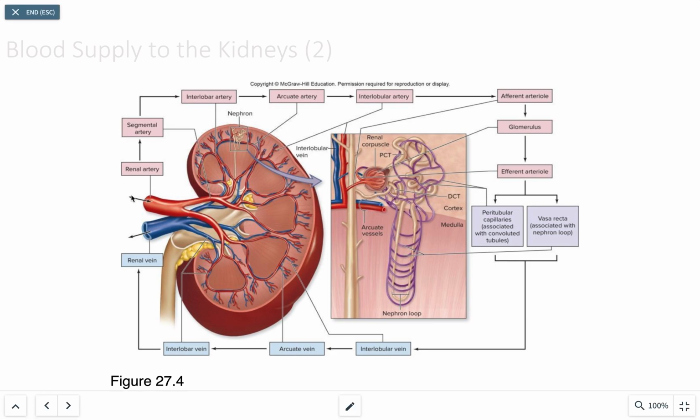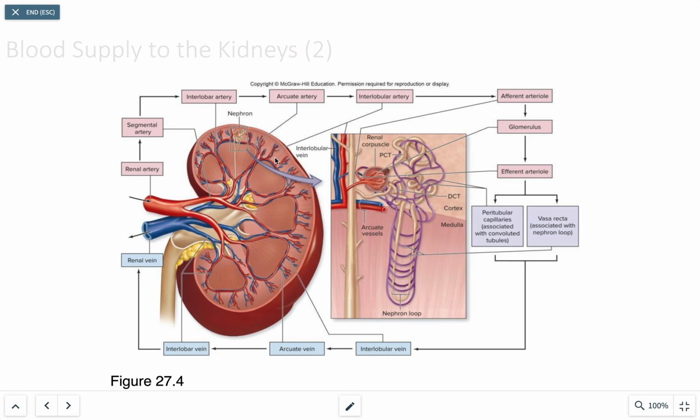So we'll see oxygen-rich blood entering into the renal artery, eventually traveling into smaller vessels called the segmental arteries, and then going into the interlobar arteries, and then finally we see it entering into the medulla and cortex, where it travels into a smaller vessel called an arcuate artery, and then into another smaller vessel called an interlobular artery.